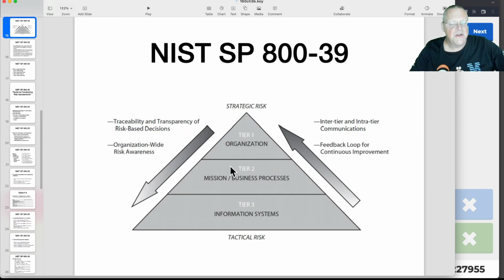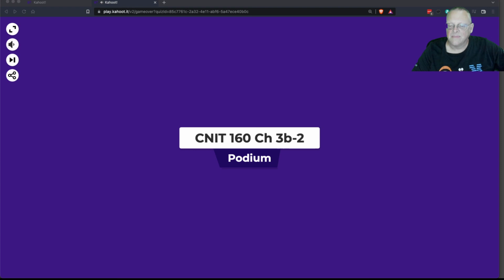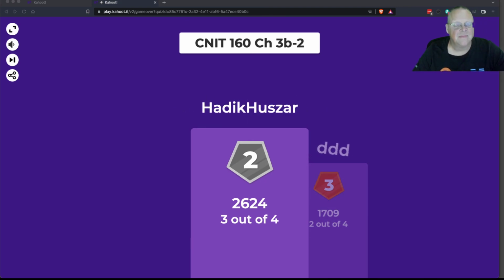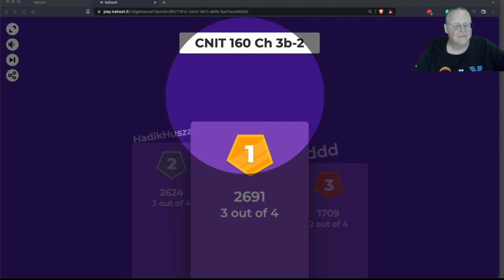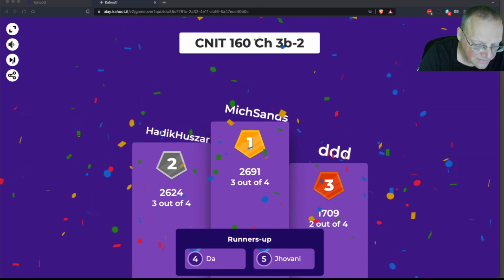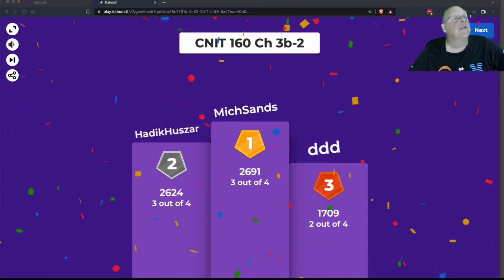Yep, there it is. It was 839 with the 3 levels. Okay. Good. Yeah, you would think it would be this by process of elimination, but it was 839. All right. DDD, 1 twice, good. And Hadik, 1 again, good. And a new winner, all right. All right. So I'll stop the recording.